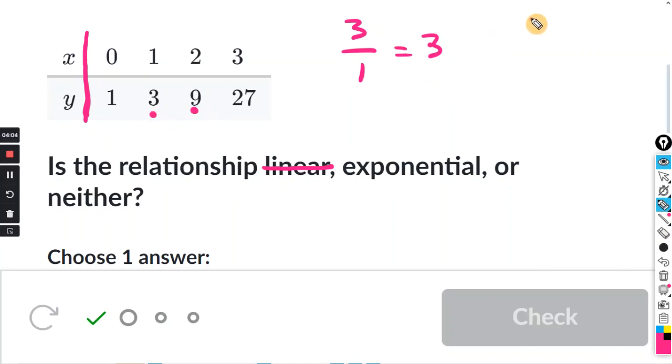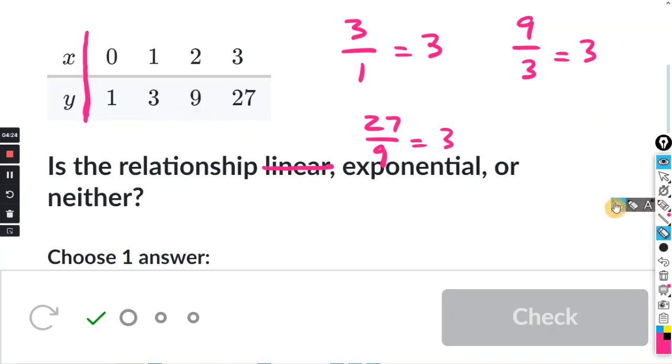You're always dividing by the previous term. 9 divided by 3, that's 3. And one more time, 27 divided by 9, and of course, that's just 3. So, since when we divided, we got 3, that means each time we are doing times 3.